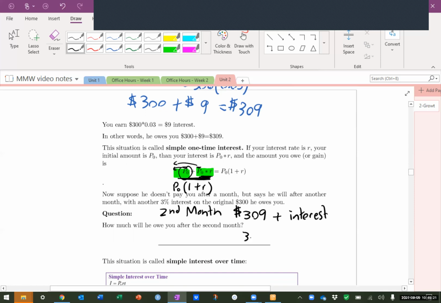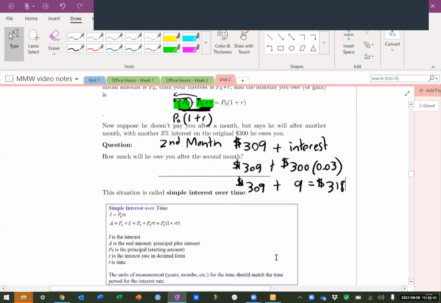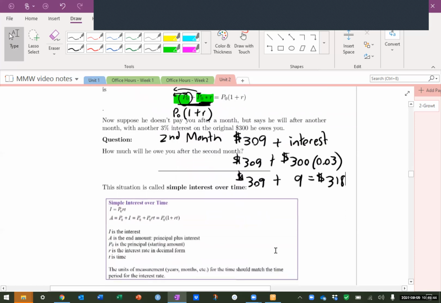So that would be $309 plus, again, 3% interest on the original amount. So it's $309 plus another $9. If he continues doing this every month, he's just going to pay you $9 more each month. This is what simple interest over time is.